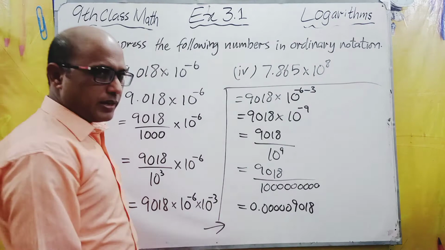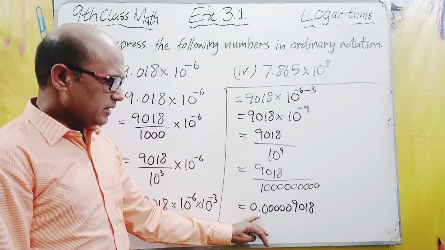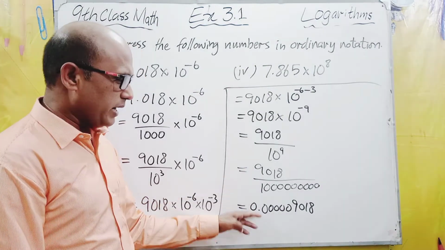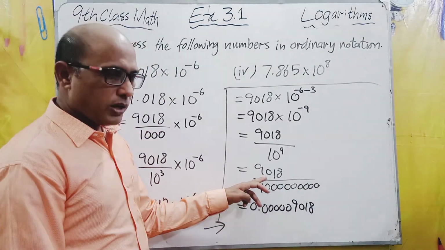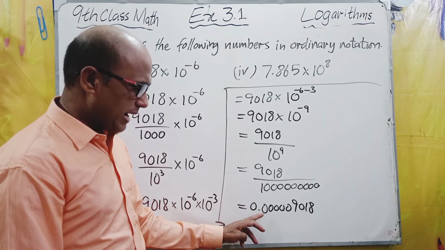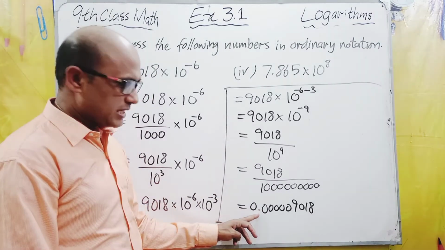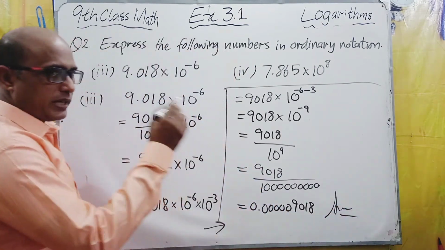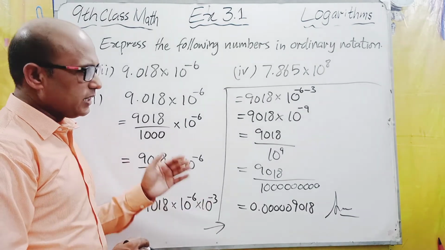There are 9 zeros and 4 numbers are already in the numerator, so we have to write 5 more zeros after this decimal, and then 9018 at the end. So we can convert this fraction into decimal in this way. This is ordinary notation. This is how to write it in ordinary notation.